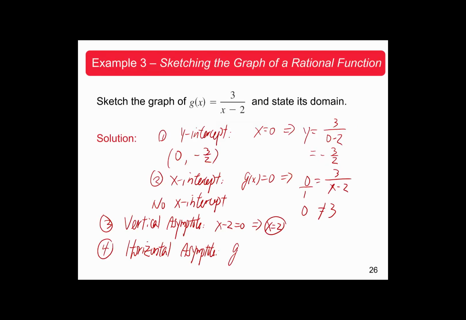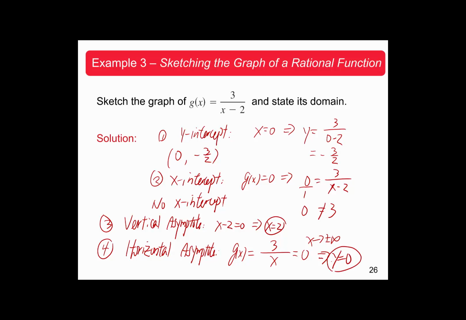As I mentioned, you just drop the constant on the bottom, right? When x approaches infinity, negative 2 becomes irrelevant. So 3 over infinity. So when x approaches plus or minus infinity, this thing will approach 0. That means y equals 0, which is the x-axis, is the horizontal asymptote.